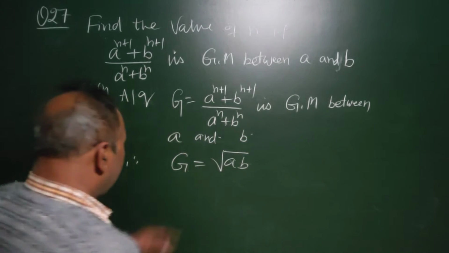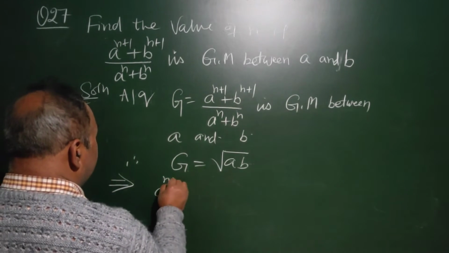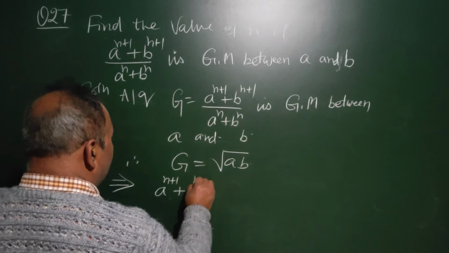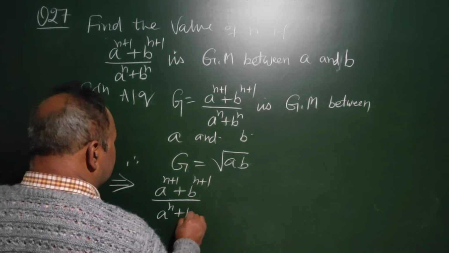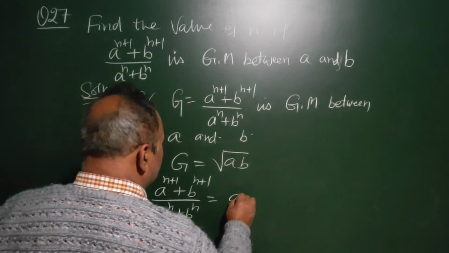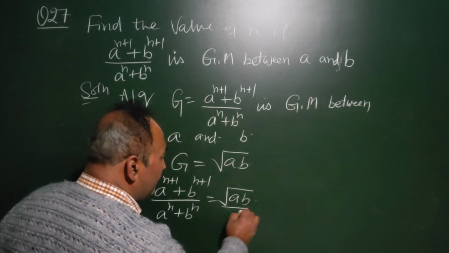Putting the value of G, we get (a^(n+1) + b^(n+1)) divided by (a^n + b^n) is equal to the square root of ab upon 1.